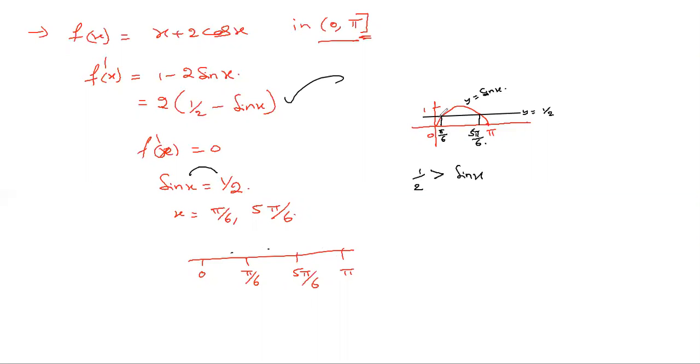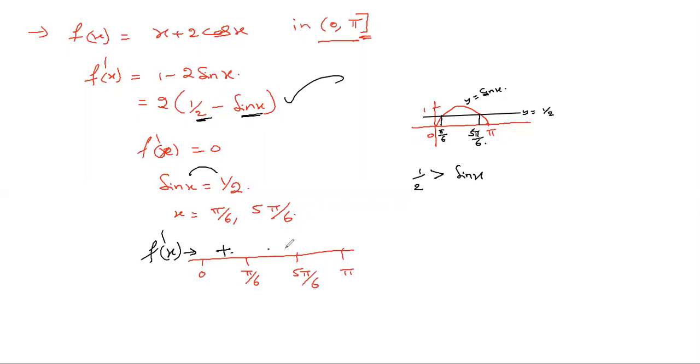Clearly you can observe the black line will be more than the red curve between 0 and pi by 6. So 1 by 2 is more, then we will get positive sign. Why? Because here 1 by 2 is more than sin x, big minus small will be positive. This is f dash of x sign, positive.